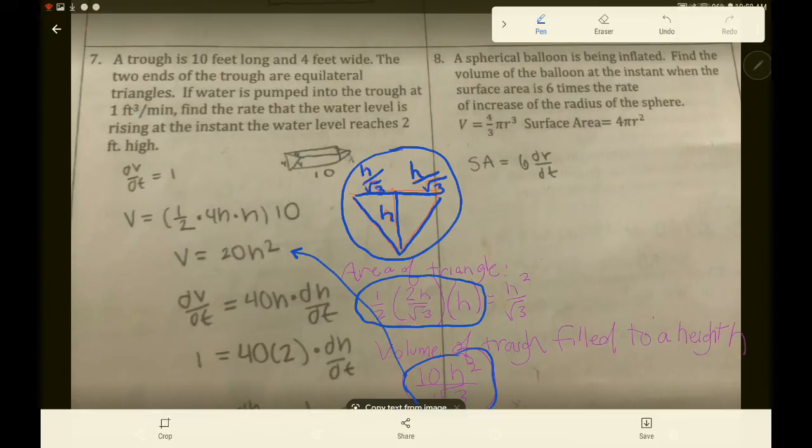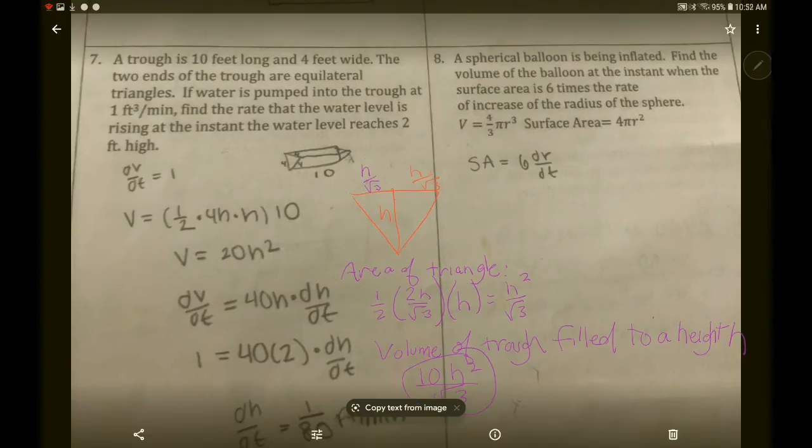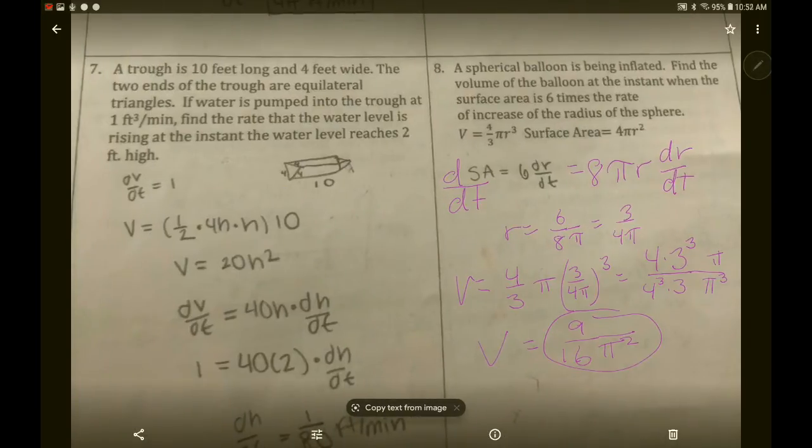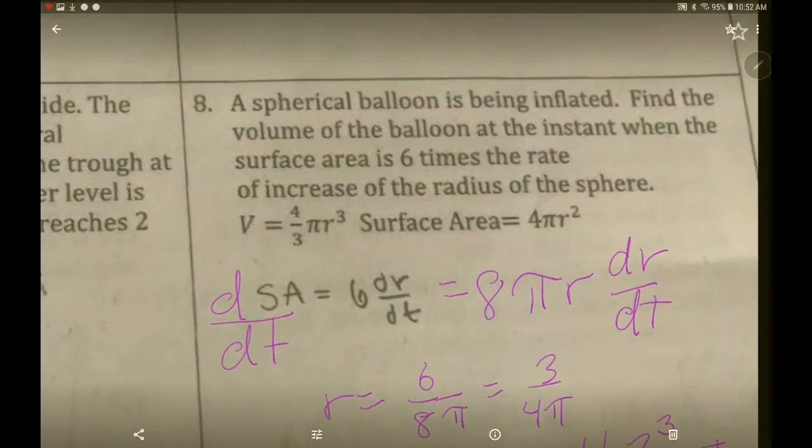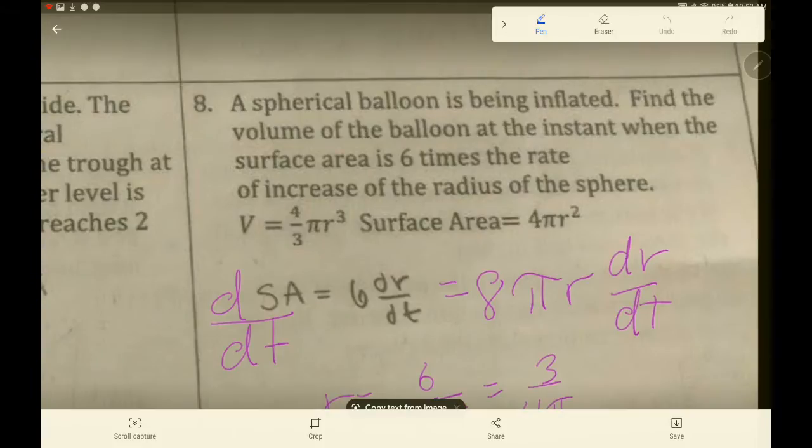So let's look at number 8. Now, there's a problem with the way they state number 8. It doesn't make any sense as stated. I actually looked up this question online because it didn't really make any sense to me the way this was stated.